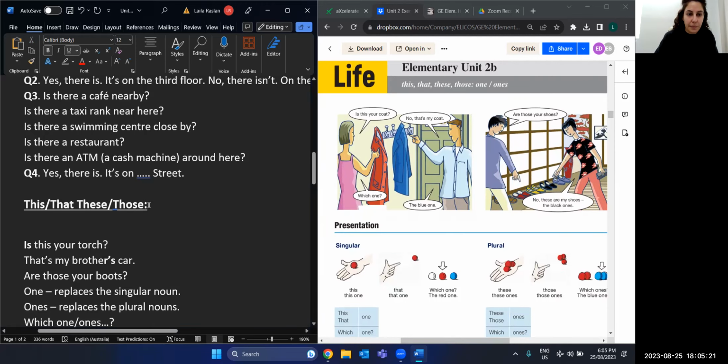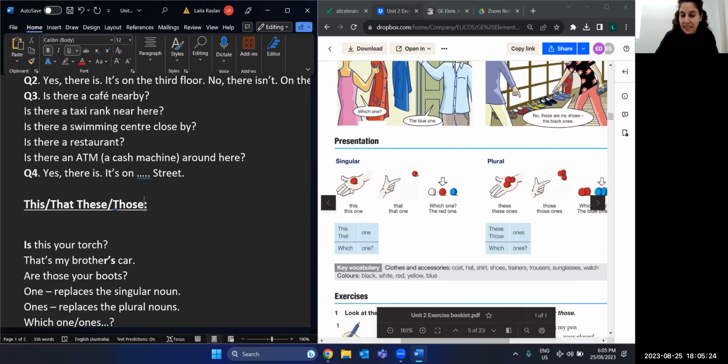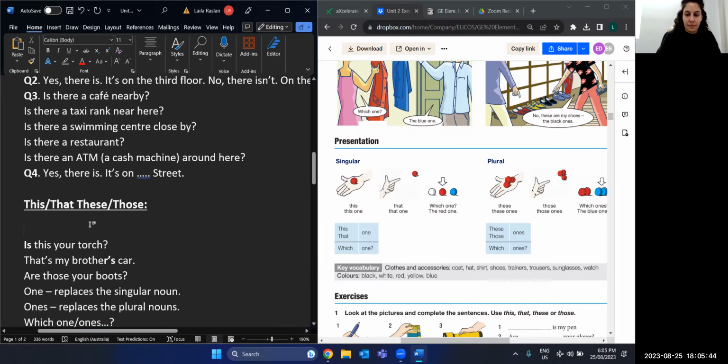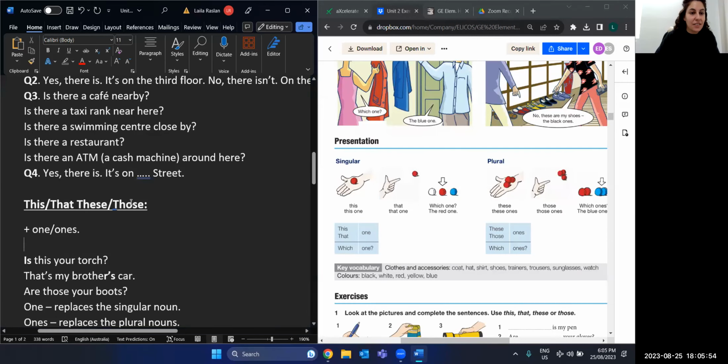We've already been through it. Singular, this one, that one. Which one? The red one. Plural, these ones, those ones. Which ones? The blue ones. So we can use this, that, these, and those with one and ones.